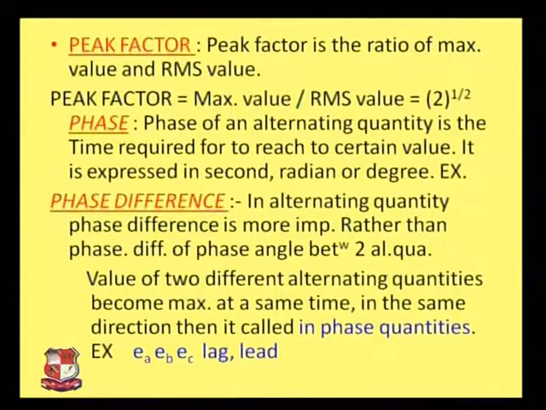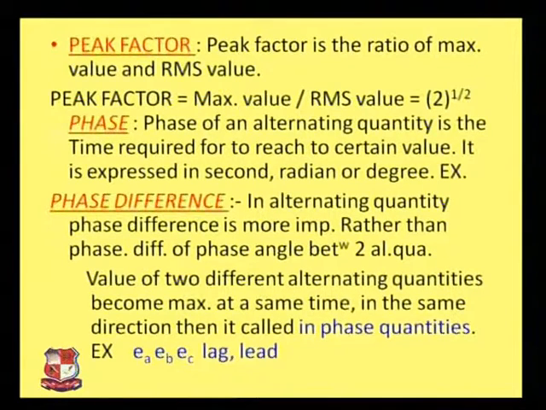In AC fundamentals, the phase value of a particular AC quantity is not so important, but the phase difference between two different alternating quantities is more important. If the values of two different alternating quantities become maximum at the same time in the same direction, then they are called in-phase quantities.